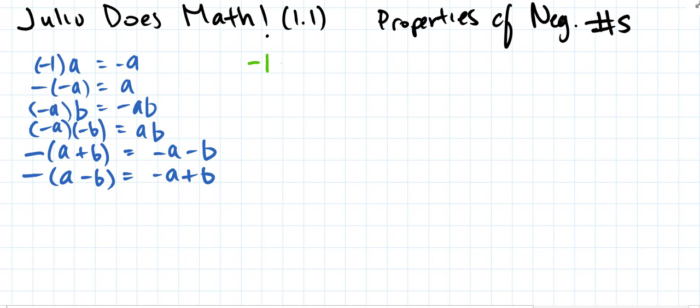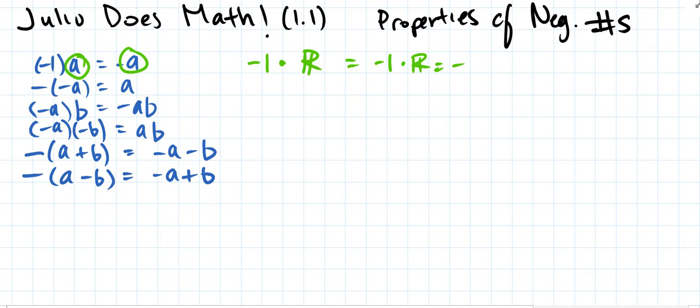Negative 1 times any number, okay, it's going to give you a negative number. Unless, of course, this is implying that a is a positive number. So negative 1 times any positive real number is going to give you a negative number.